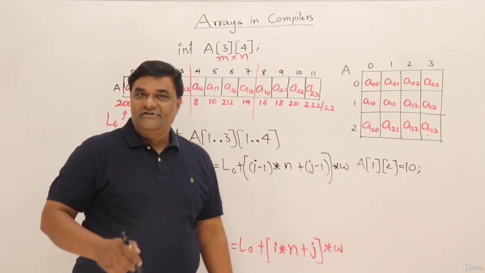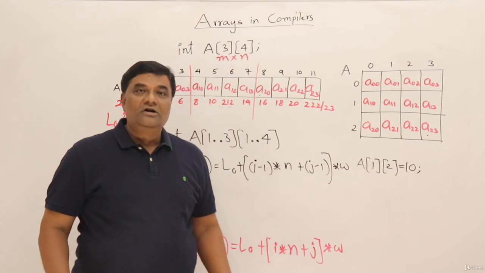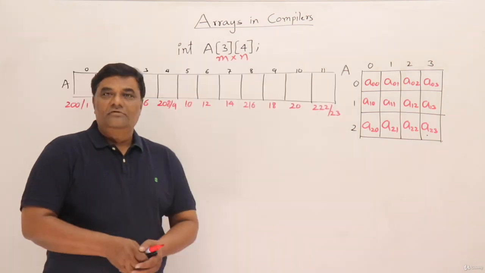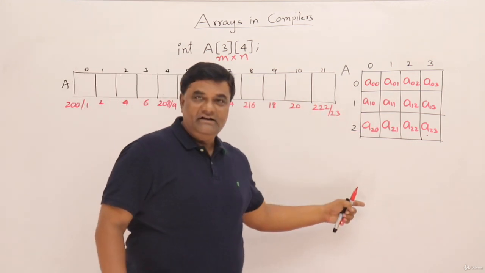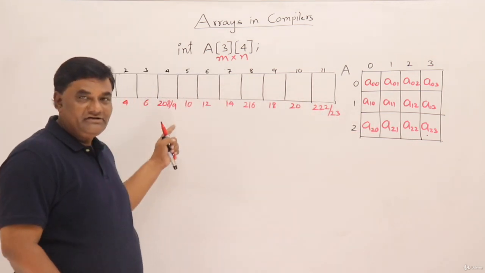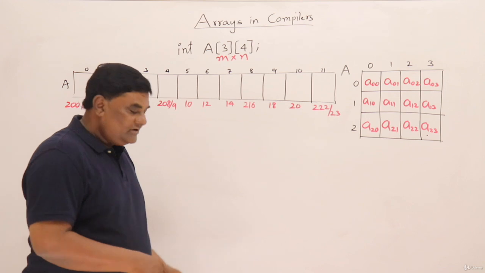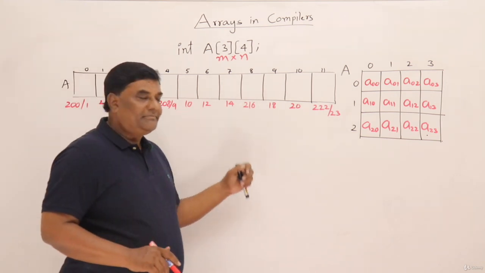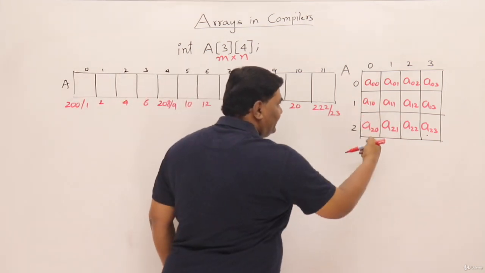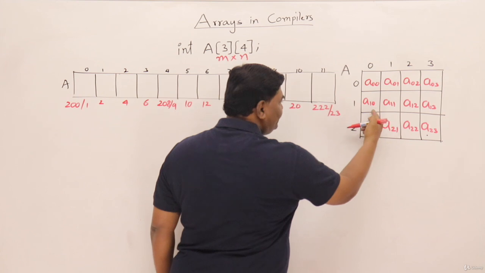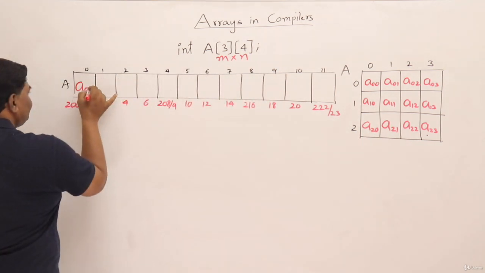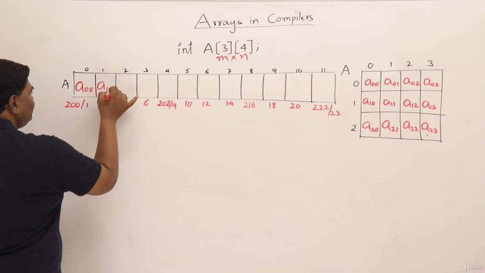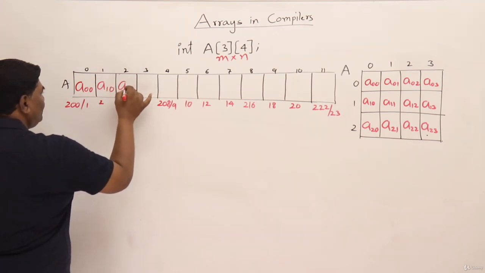Next, let us frame a formula for column major mapping. For column major mapping, the elements of this two-dimensional array are mapped onto a single dimension array column by column. So I will fill these elements column by column. First column: A[0][0], A[1][0] and A[2][0].